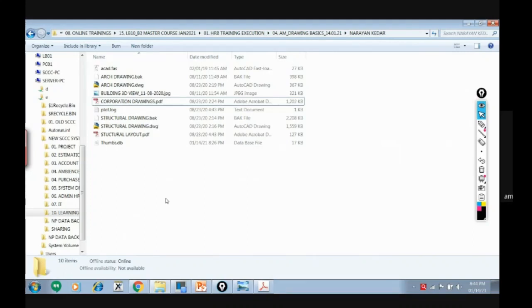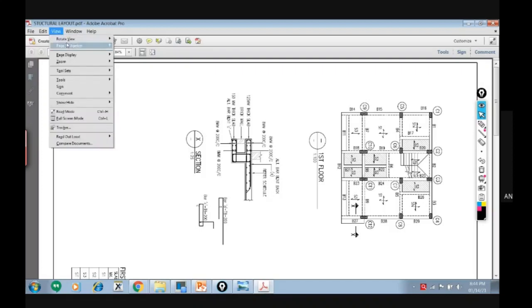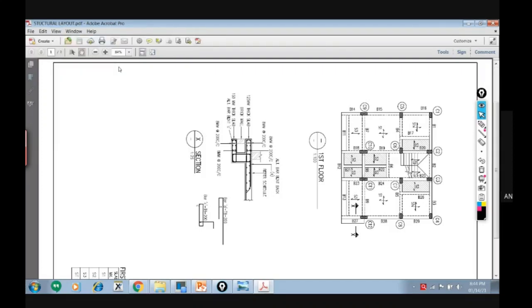Okay, sir. So please do read it carefully. See, the training process is a two-way process. Only we are not teaching or training you; you are also supposed to learn, study the things and practice. So this is one of the drawings. Then there is one more drawing I'm going to show you, the structural drawings. Let's discuss this.